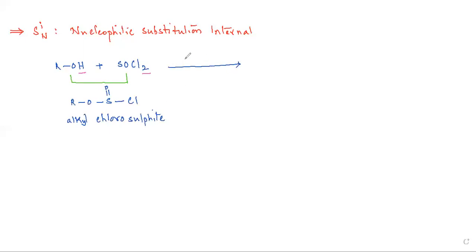Now, with the thionyl chloride, in the absence of pyridine, okay, so this is thionyl chloride. Now, in the absence of pyridine, we get alkyl halide, SO2, and HCl.